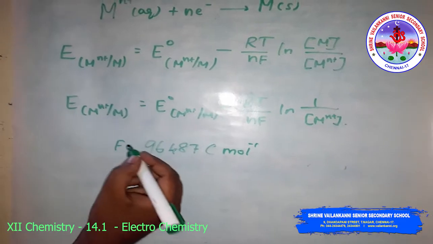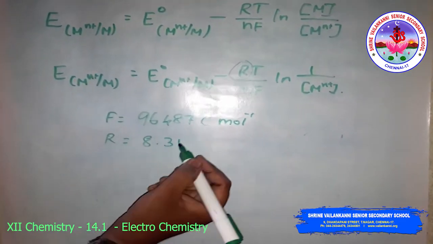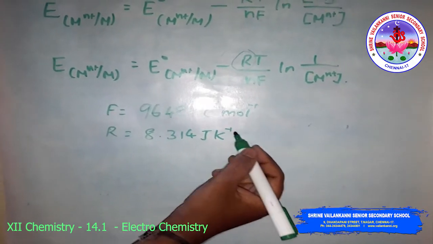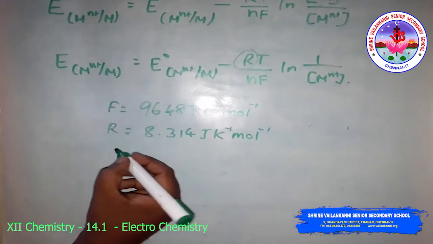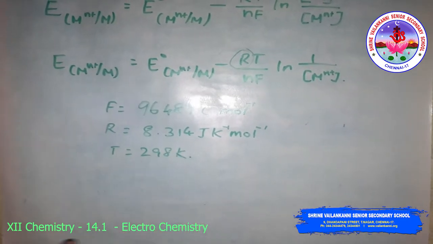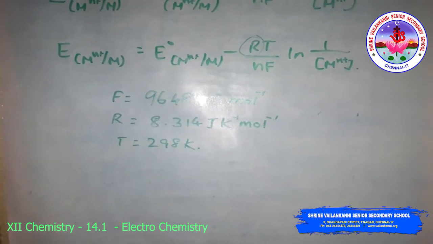So this is 1 Faraday. Then R is the universal gas constant, 8.314 joule per Kelvin per mole. Temperature is the standard 298 Kelvin. n is the number of electrons.